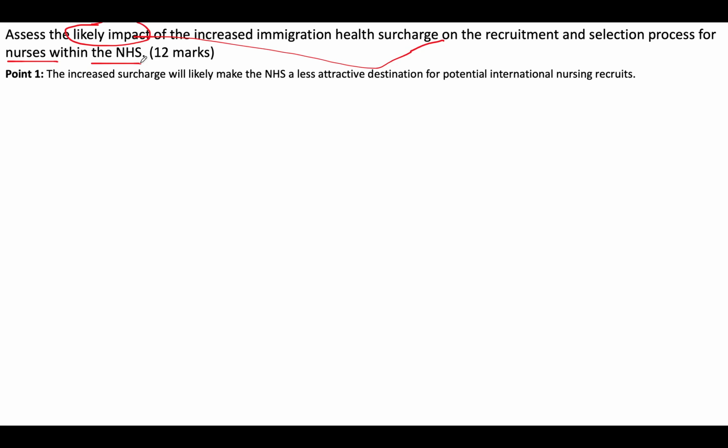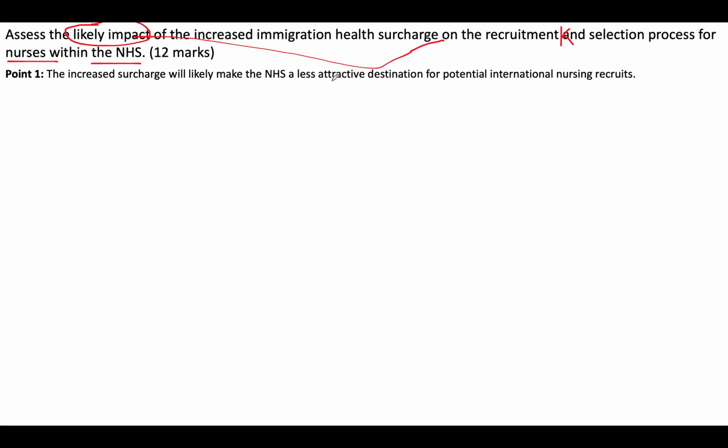Now I advise that you start your answer off with a contextual definition, or you make sure that you're defining, in this case, recruitment and selection. We've got a K in there. So we need to make sure that we're demonstrating an understanding of recruitment and selection.